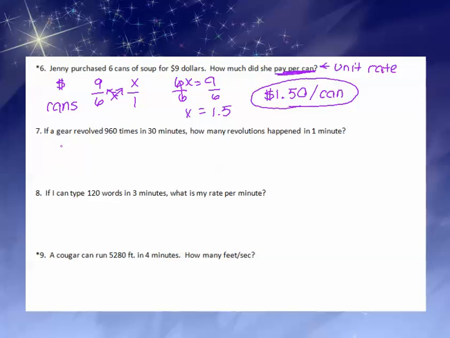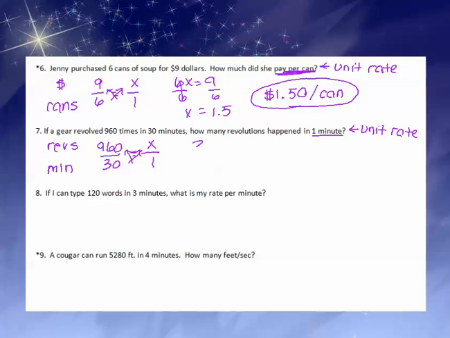Alright, let's talk about number 7. If a gear revolved 960 times in 30 minutes, how many revolutions happened in 1 minute? Well, right there, that's telling you unit rate, that 1 minute thing. So I'm looking at revolutions, so revs and minutes. So I have 960 revs in 30 minutes is equal to how many revolutions in 1 minute?